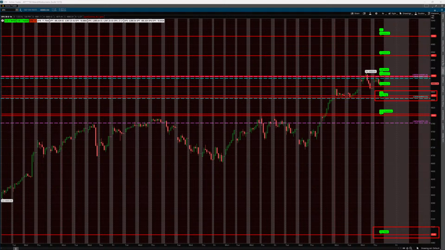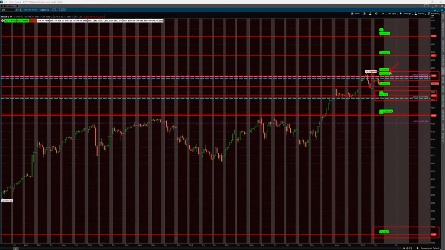The next level up is 4,900 that I mentioned before. That's the call wall. That's a strike with the largest net positive gamma that can be expected to act as resistance. And note there's a combo level just below that did act as resistance today, that combo L1 level.